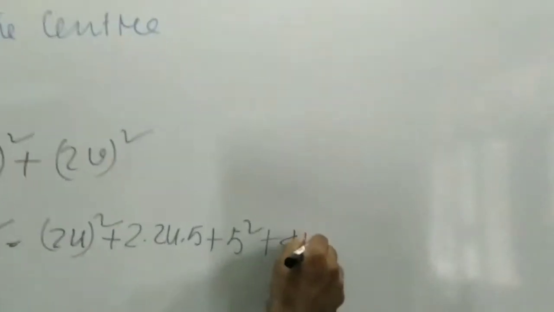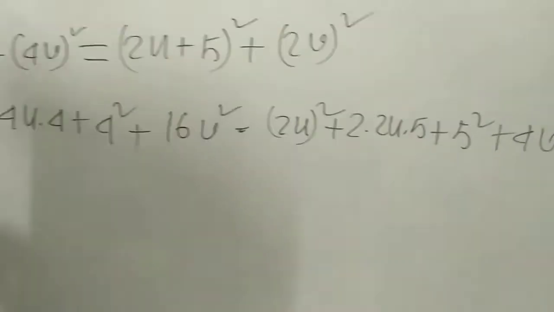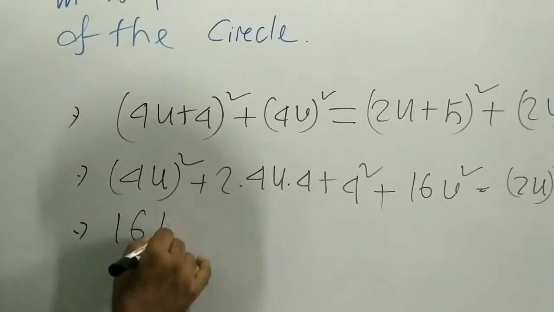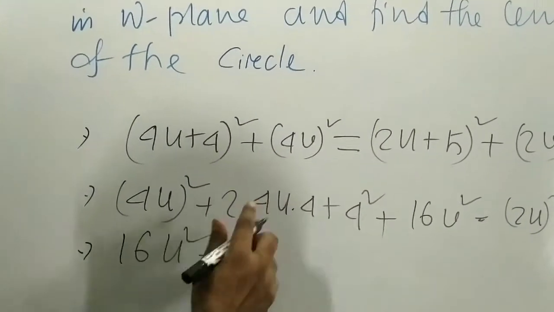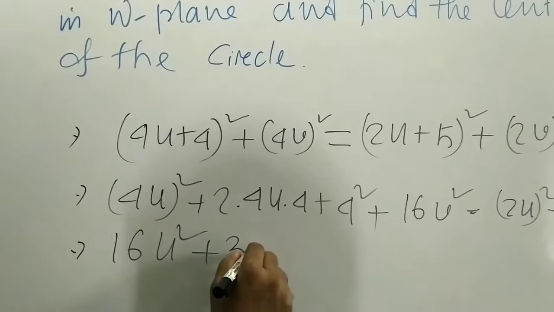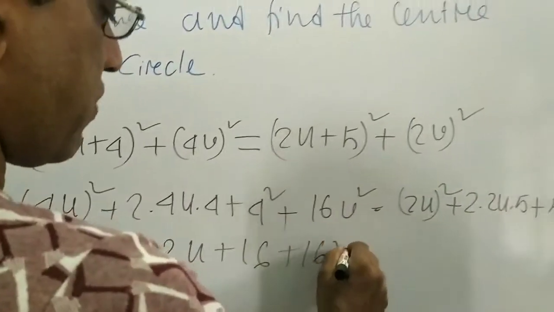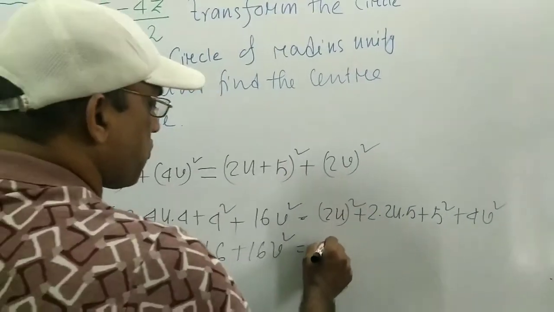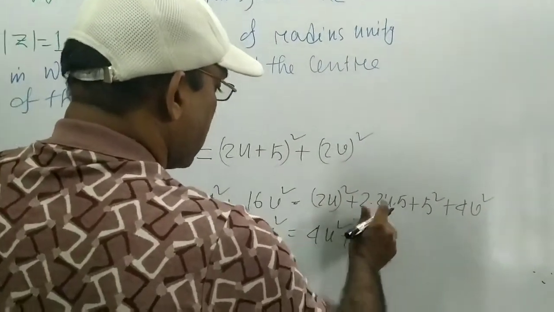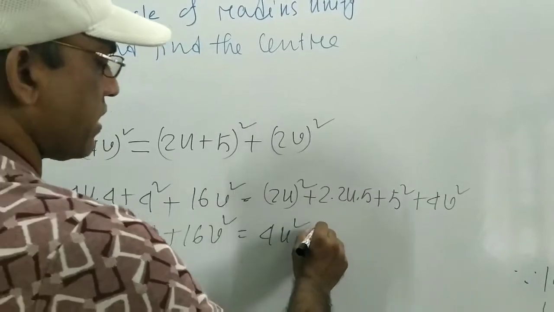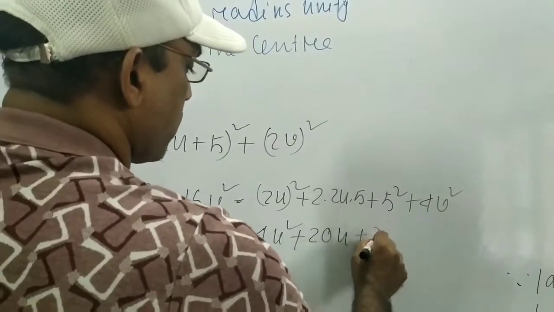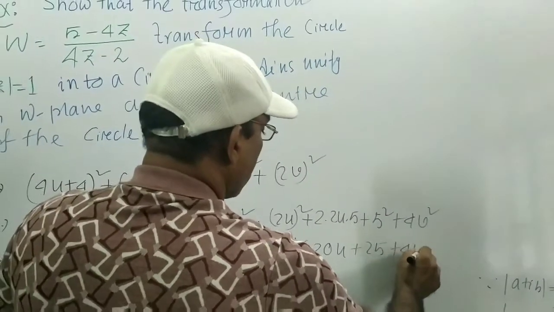So this will be 16u square plus 32u plus 16 plus 16v square, equal to 4u square plus 20u plus 25 plus 4v square.